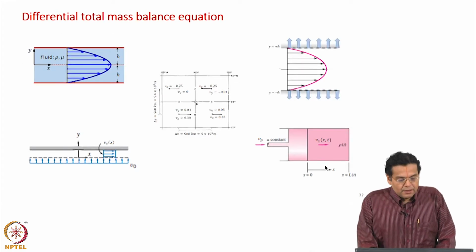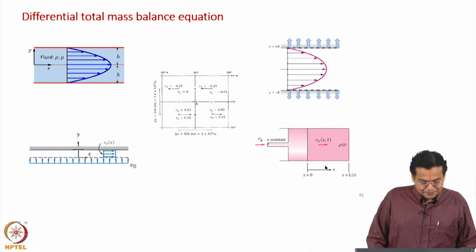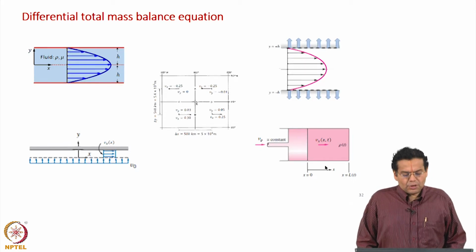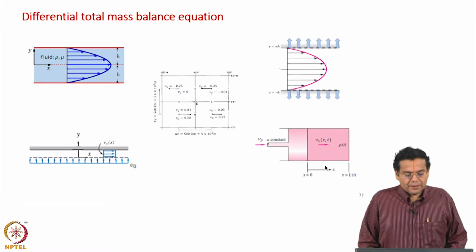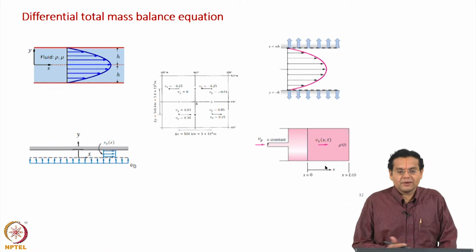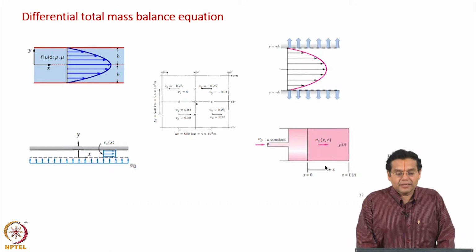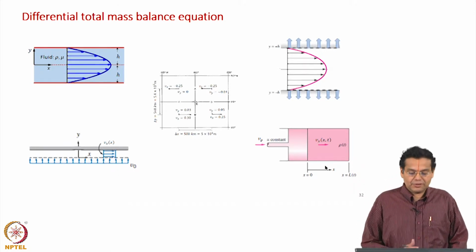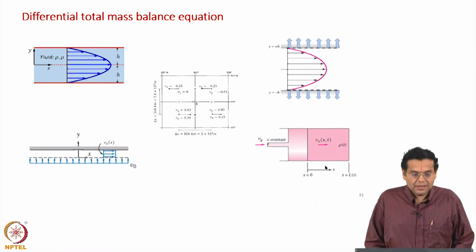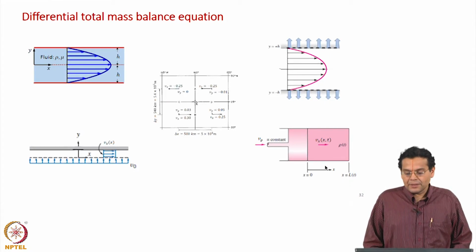Okay. Now, what are the applications we will be looking at after some time? We will be applying the differential form of the total balance equation for these kinds of configurations. One is our usual flow between two parallel plates.